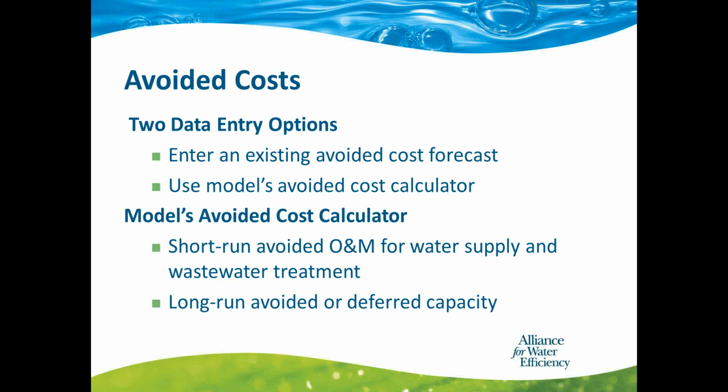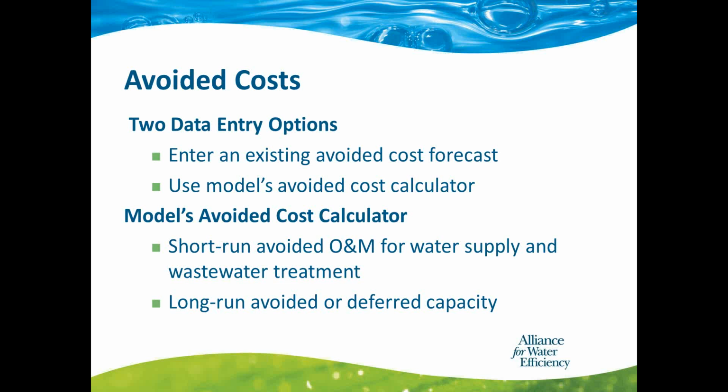We can enter an existing avoided cost forecast, or the tracking tool has an avoided cost calculator. So you're starting to see a theme here, which is we offer flexibility to enter existing forecasts, but if you don't have that on hand, you can use the built-in calculator of the tracking tool.